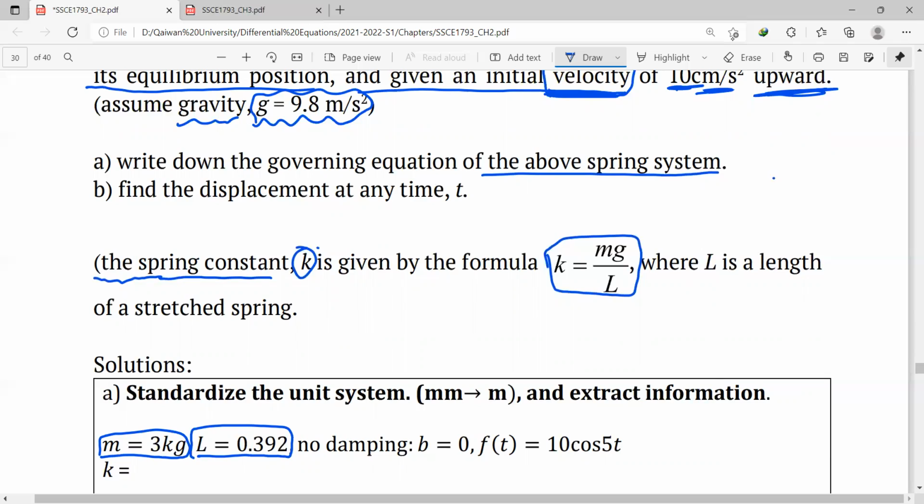standardized units. I mean, we should unify the units. If one of them is meter, the other is centimeter, and we have millimeter, we must write them all the same. We have millimeters, centimeters, and meters also.